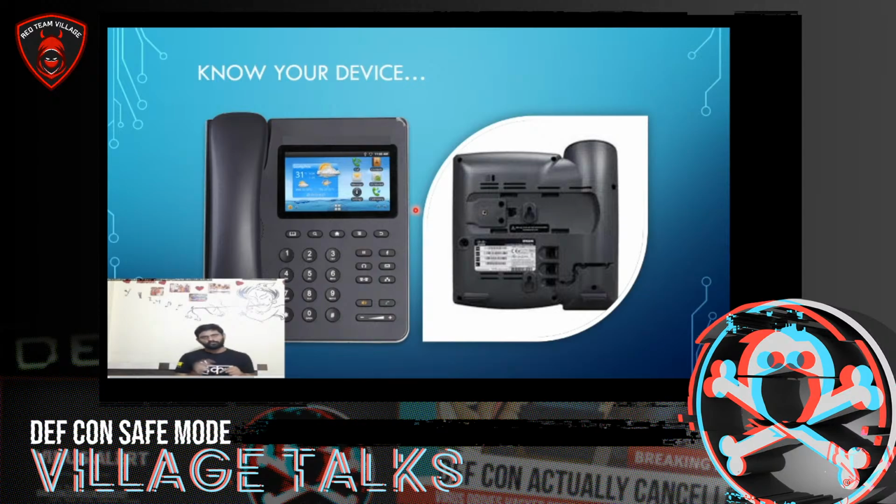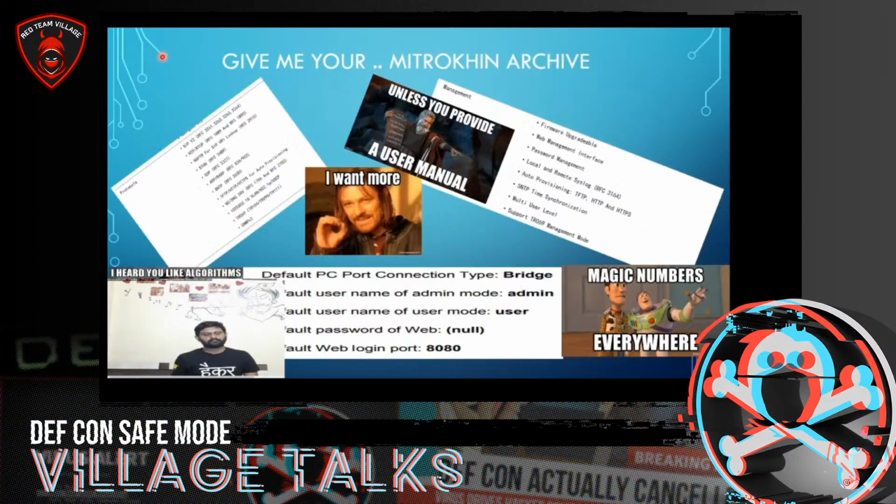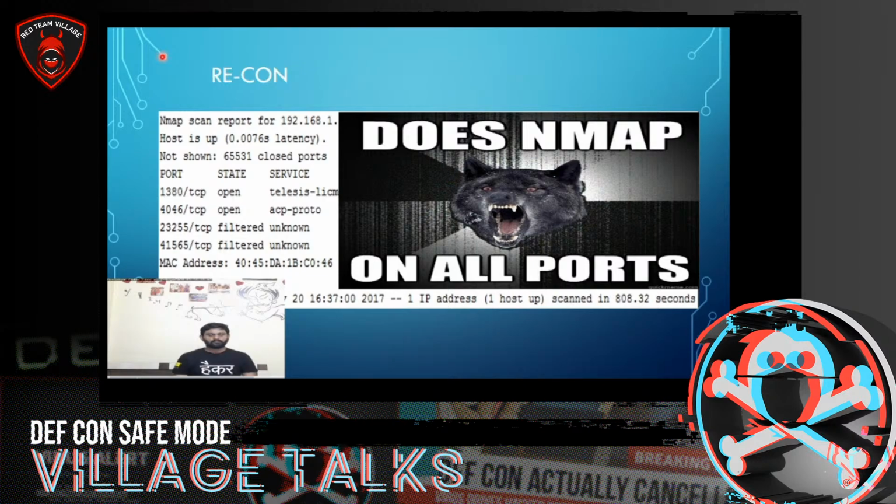So USB to UART, UART to chip, and chip to the device. There was a modem debug interface. Using those pins, you are able to reconfigure the modem and MCU. That was a pure IoT device which we tested last time, and these are the specific things we need to take care of in the recon section.